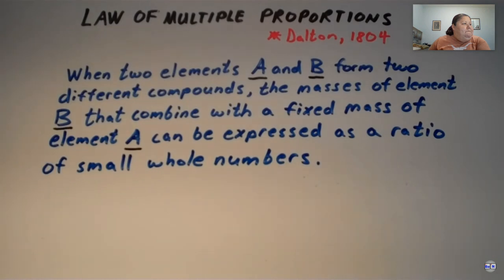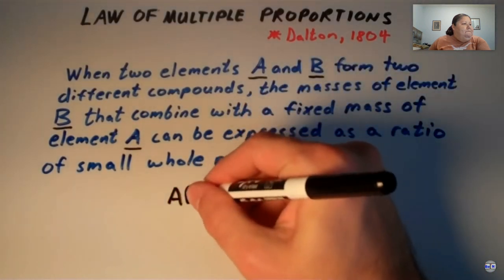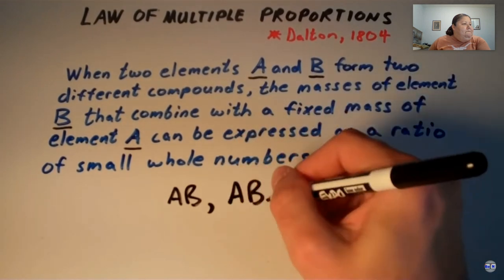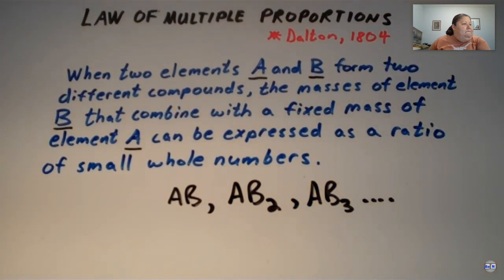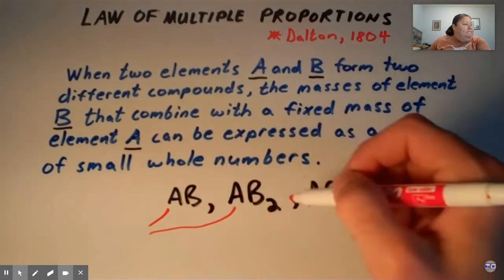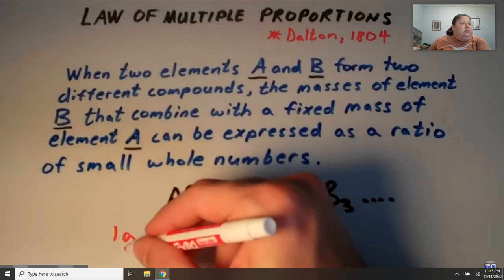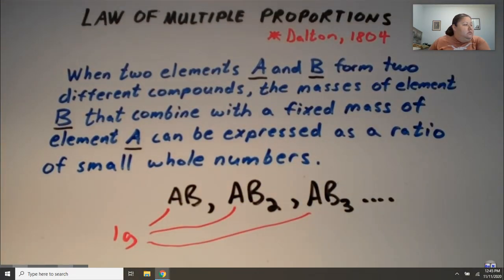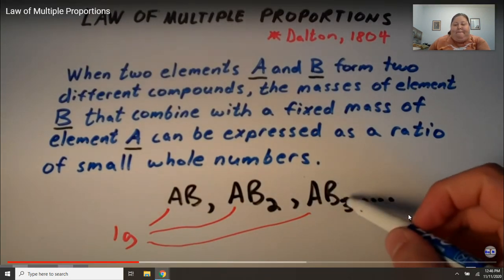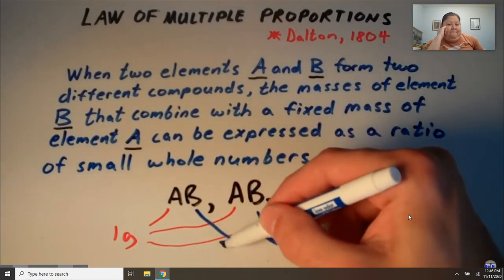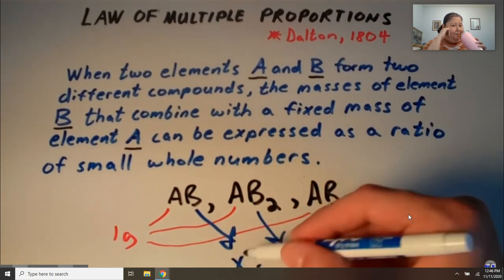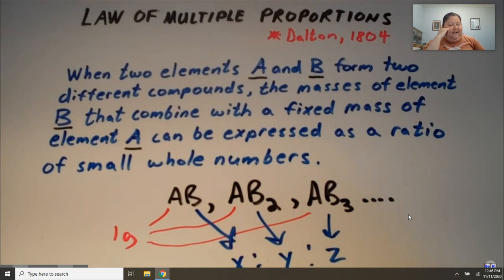So that sounds really complicated, but it's really not. That means if I have some compounds of the general form AB, AB2, AB3, etc. If I use the same mass of A for all three of these compounds, so suppose all three of these masses are all 1 gram for simplicity, then if I compare the mass of B in this compound to the mass of B in this compound to the mass of B in this compound, those ratios, I'll just call them X, Y, and Z, are going to be small whole numbers.